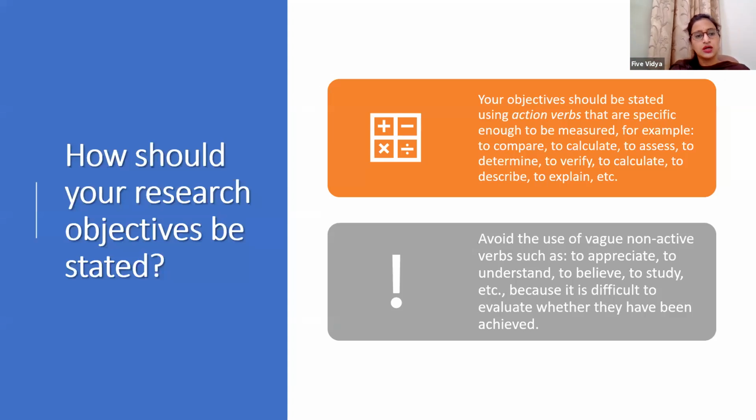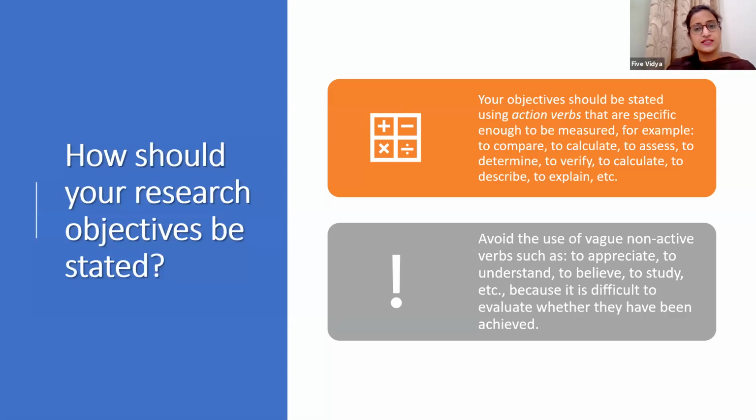How should your research objectives be stated? They should always be in an action verb format. They should always start with to compare, to calculate, to assess, to determine, to verify.